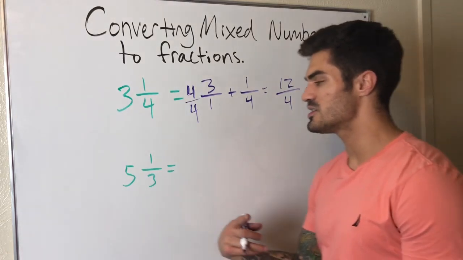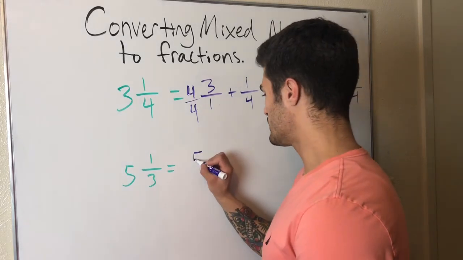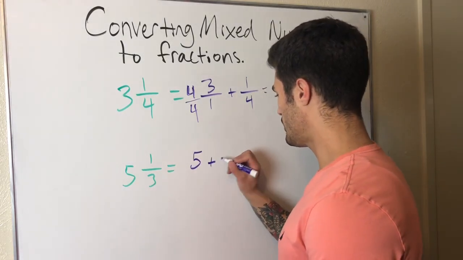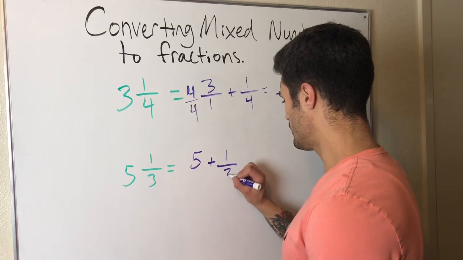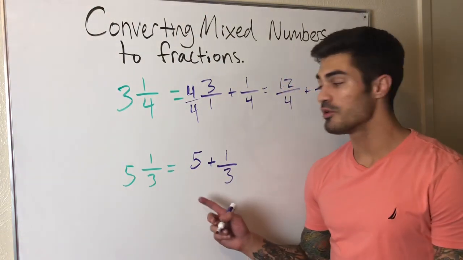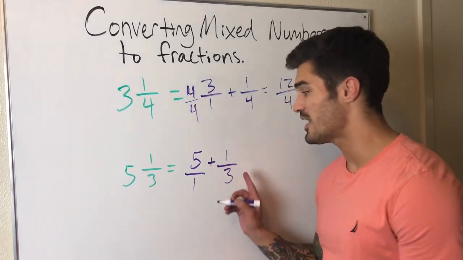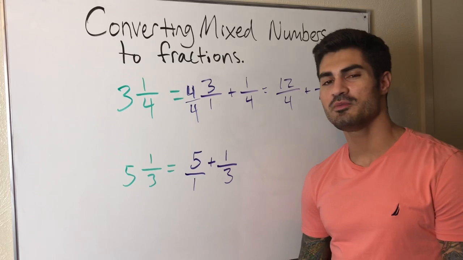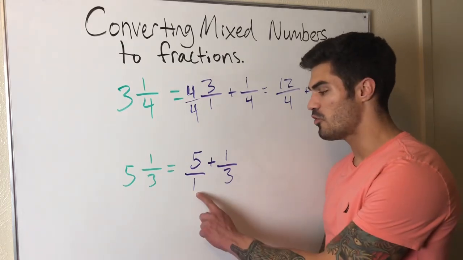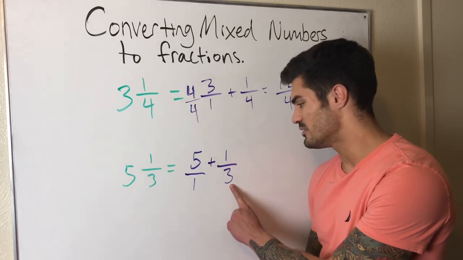So let's go ahead and do this example: 5 and 1/3. Again, same process. 5 plus 1/3, right? Now, what do I do? 5, I put that over 1 because I need it to be a fraction so I can add these. And what's my next step? Least common denominator. Well, I have a 1 here, so my least common denominator is just going to be 3, right?